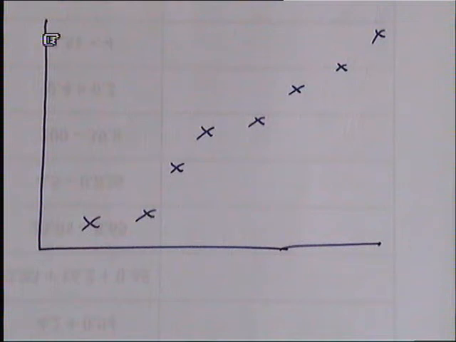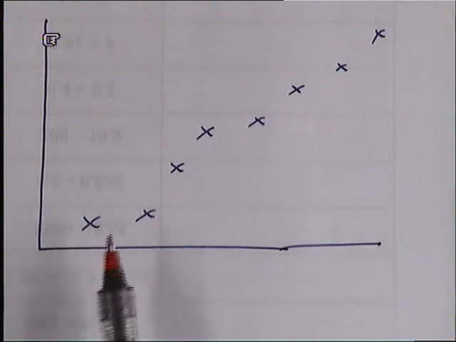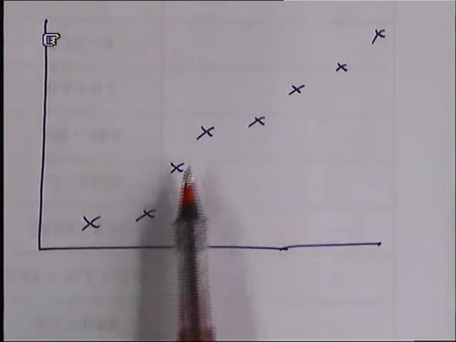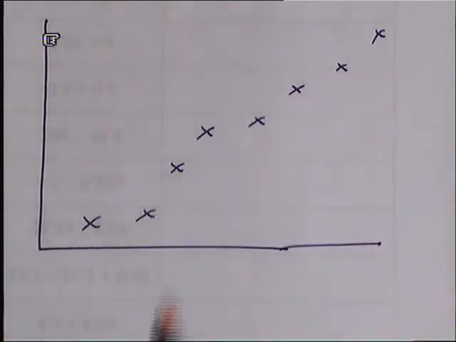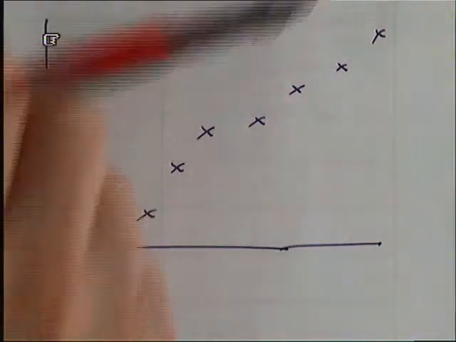For the second method we looked at, the Spearman rank correlation, if you look at this one here, the ranks along the x-axis would go from smallest to biggest, 1, 2, 3, 4, 5, 6, 7, 8. And the ranks up the y-axis here would also go 1, 2, 3, 4, 5, 6, 7, 8.